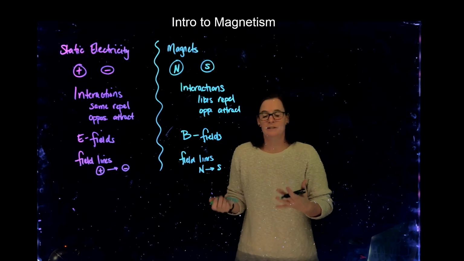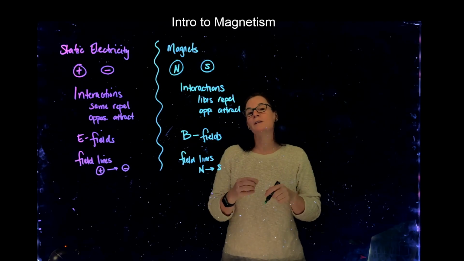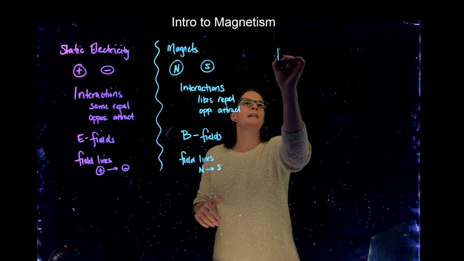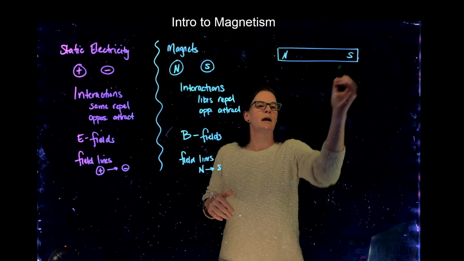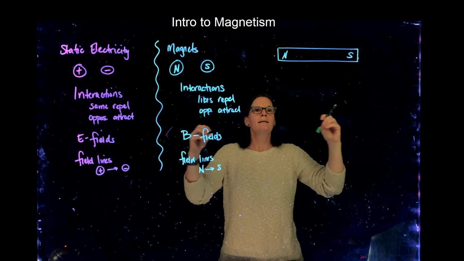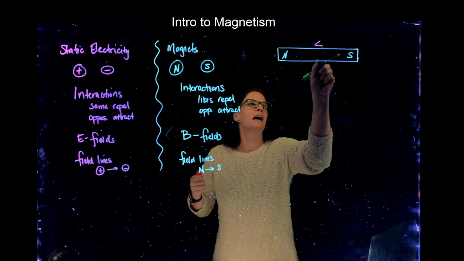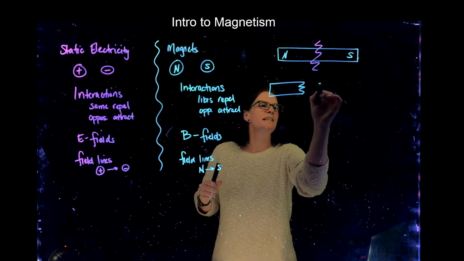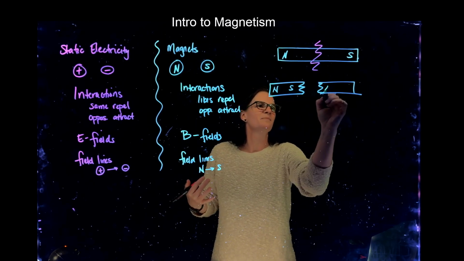It turns out there's a lot of relationship between electricity and magnetism. There's also some really unique properties about magnets. So one really totally cool property is if I have a magnet, I'm just going to use what we call a bar magnet. It has a north end and a south end. So unlike static electricity where we can separate those charges, with magnets, if I were to cut this magnet in half, I would end up with two pieces, and they would become magnets.